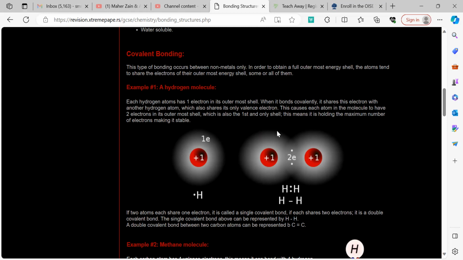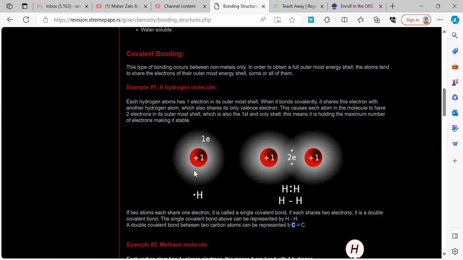So they both share these electrons, and thus the first shell is complete, and hydrogen has two outermost electrons, so it becomes stable. Now you need to know that a single dash represents the sharing of two electrons. This is very useful. For example, in the carbon atom, you can see two double bonds over here, so this represents the sharing of four electrons simultaneously.